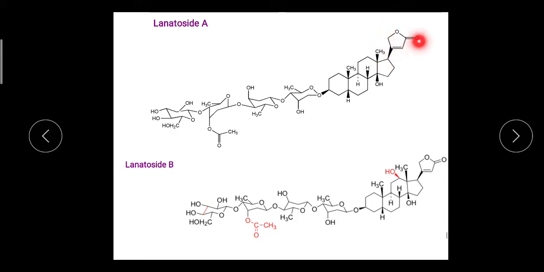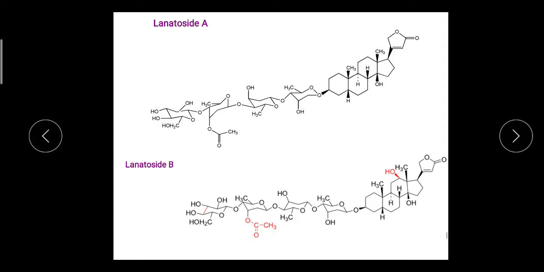This is the sugar portion, which consists of glucose, then 3-acetyl digitoxose, next digitoxose, and the aglycone is digitoxigenin.